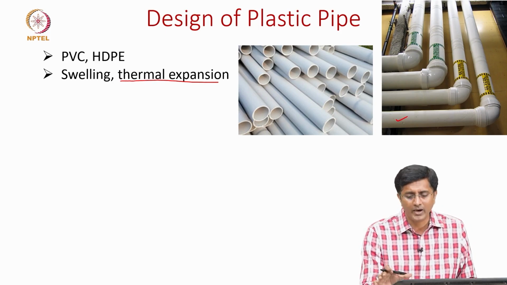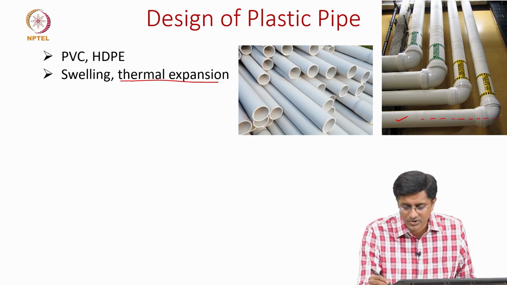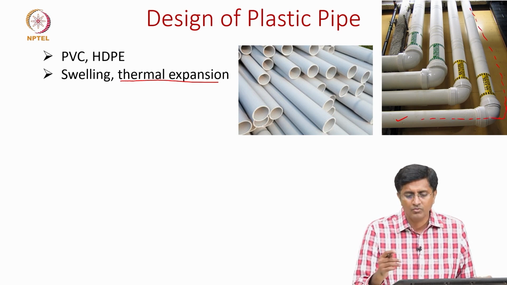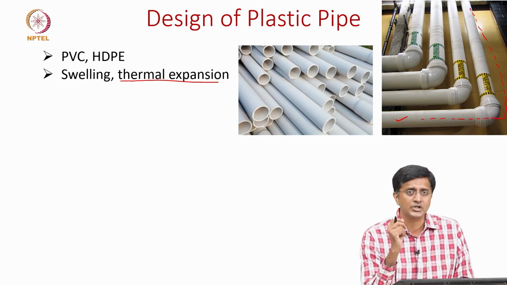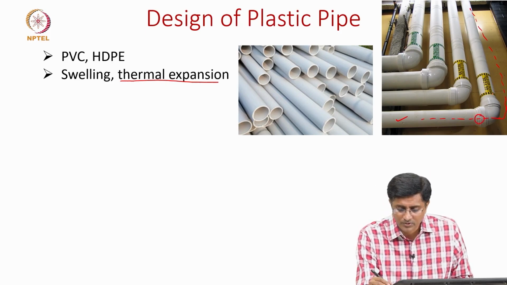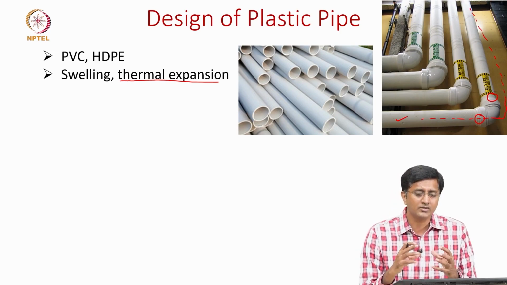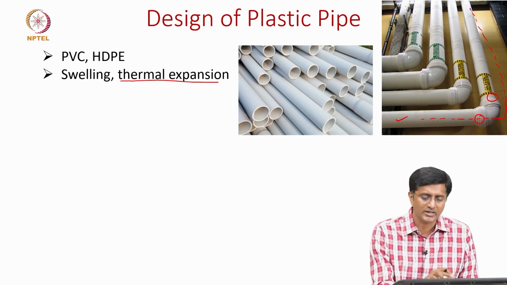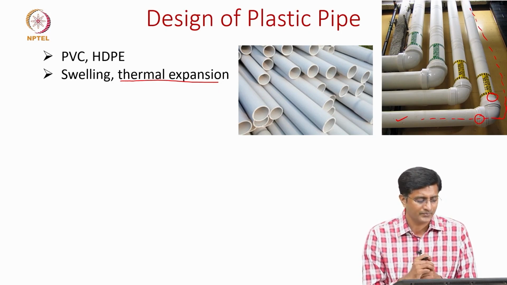Let us say if the length of the pipe increases, then what happens? Then it should take a new shape, something like this, right. Once it takes a new shape like that, then there are some stress concentrations which can build up. So, let us say maybe around these joints, and then the stresses are much higher than in normal conditions. So, one has to take care of this thermal expansion because it does affect the stress state in these pipes.